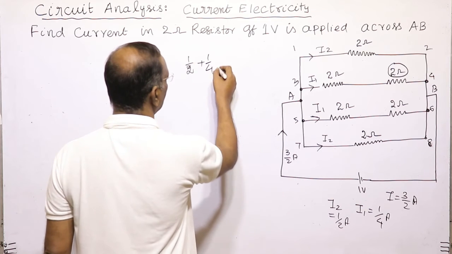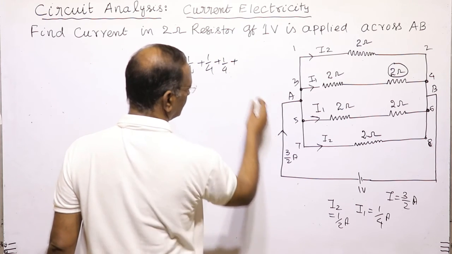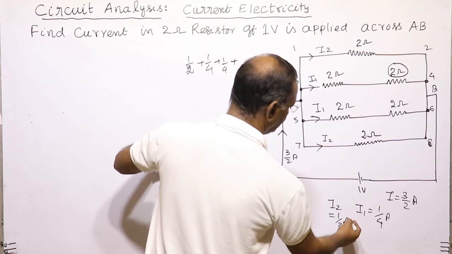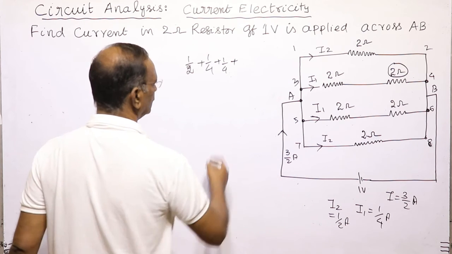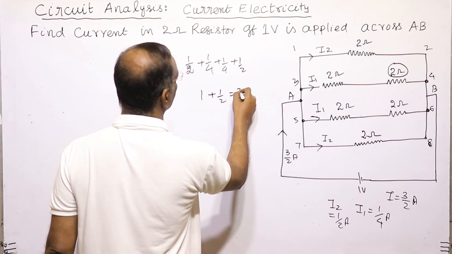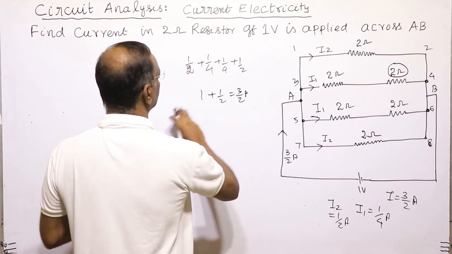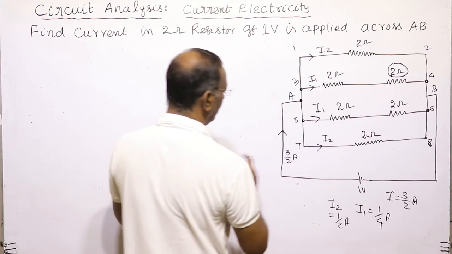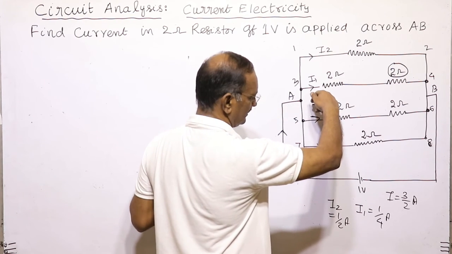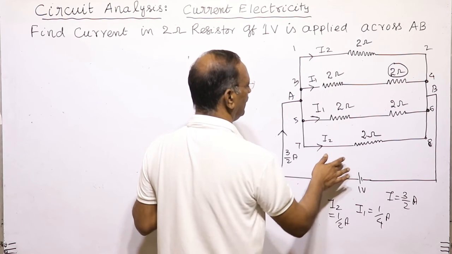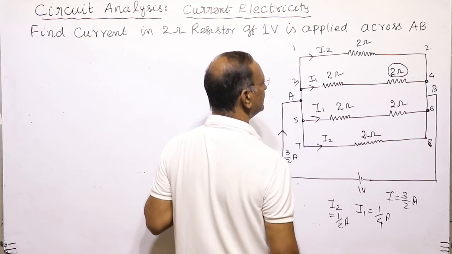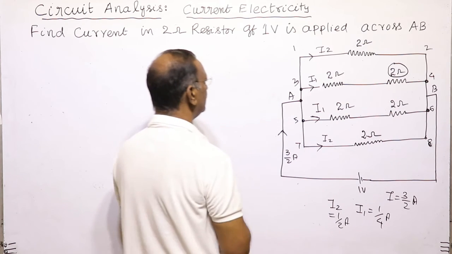Here also I1 is flowing, plus 1 by 4, plus I2 equal to 1 by 2. Half plus half is 1, plus half is equal to 3 by 2 ampere. So the 3 by 2 ampere current is flowing. Because of the symmetry, here also the current will be the same.